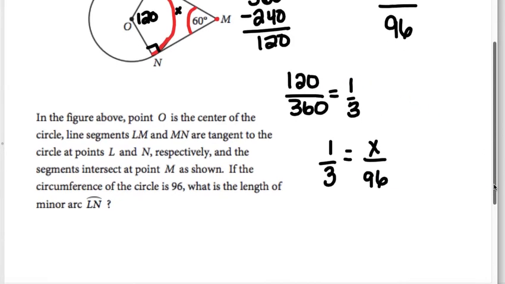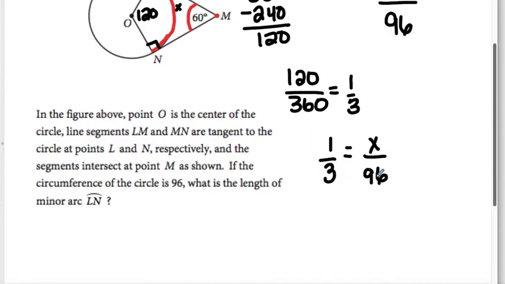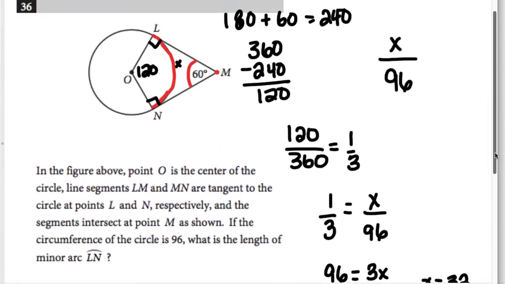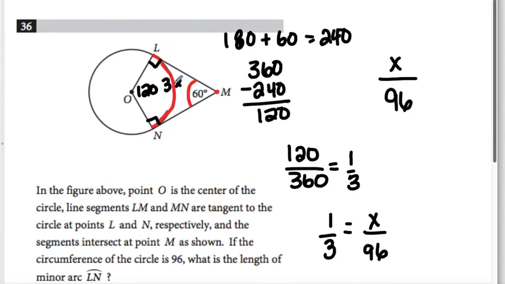You could clear fractions. You could ask yourself 3 times what gives you 96. Or I know some of you are just saying, I can cross multiply. Not my favorite word in the world, but you can. So you can do 96 equals 3x, and then you can divide by 3, which is going to give me x to be 32. So the arc length is 32.